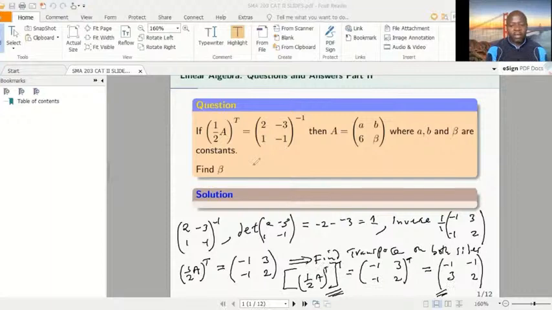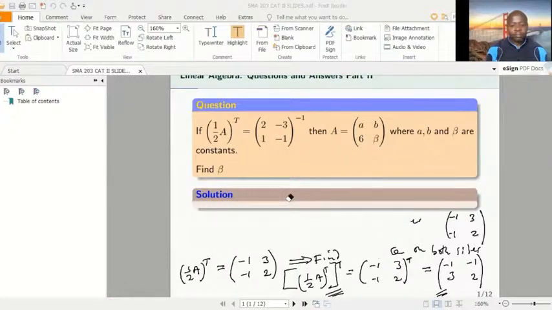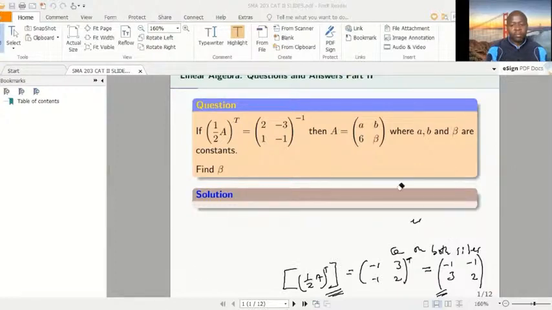What we learned in our earlier video is that if I have A transpose and then find the transpose of that, what I get is just A. So the transpose of a half of A transpose is just a half of A. So this statement means that a half of A equals [[-1, -1], [3, 2]].